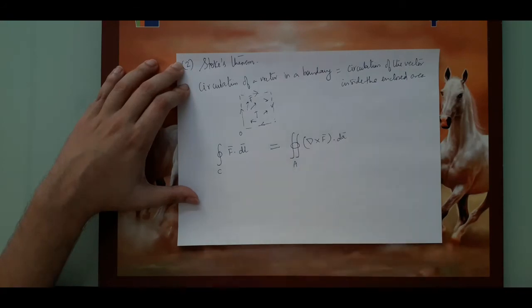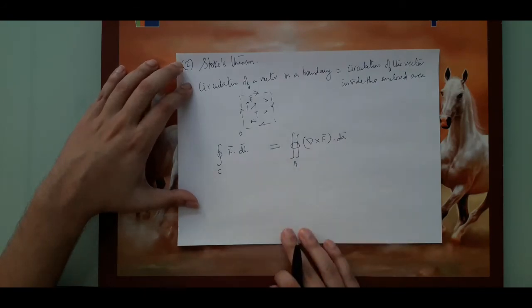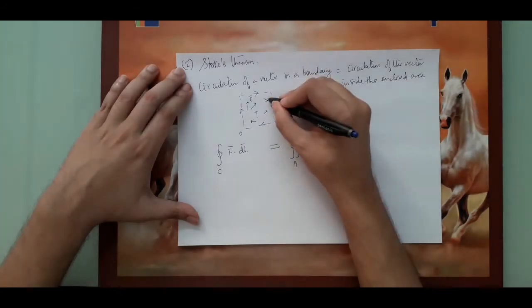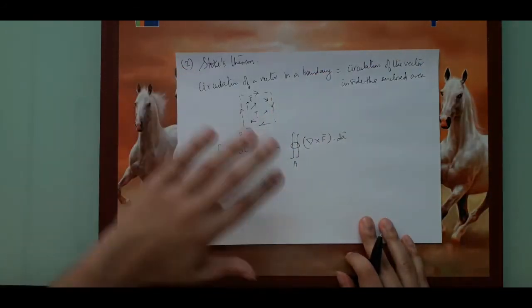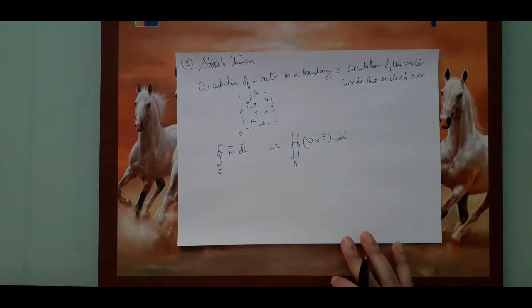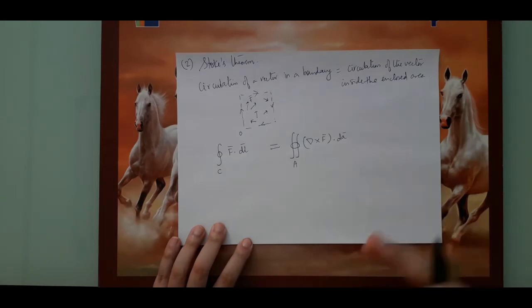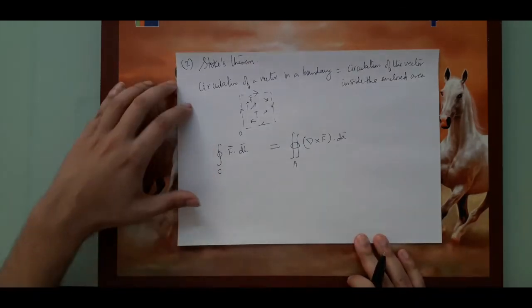So Stokes theorem is very similar to what you may have understood in your vector calculus course as Green's theorem. So Stokes theorem and Green's theorem are very similar. Rather, we can say Green's theorem is a special case of the Stokes theorem.